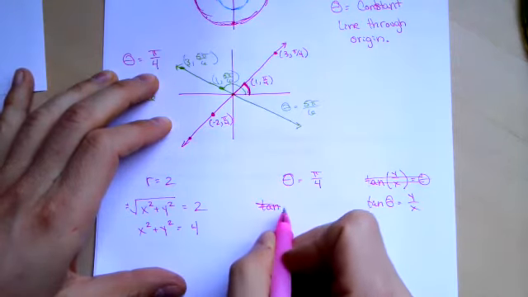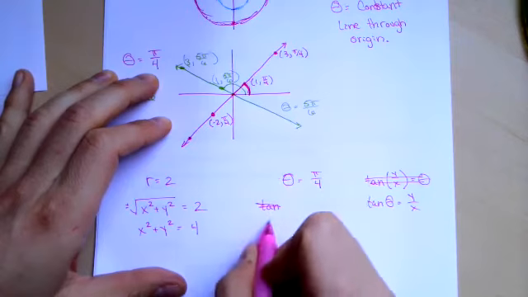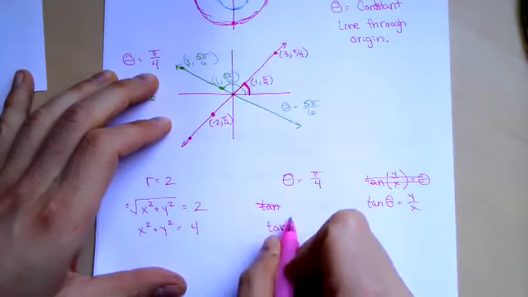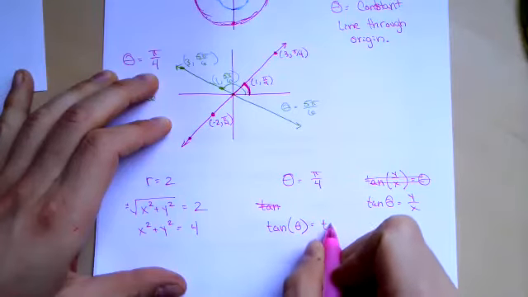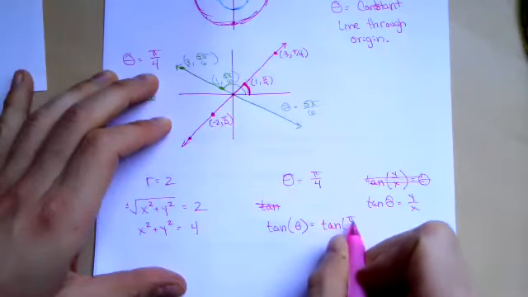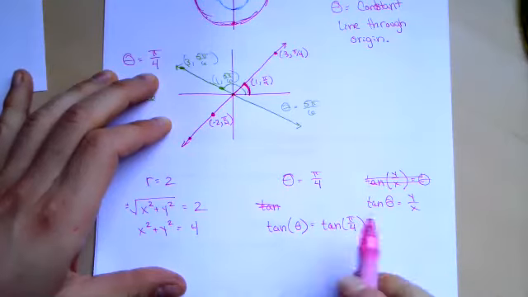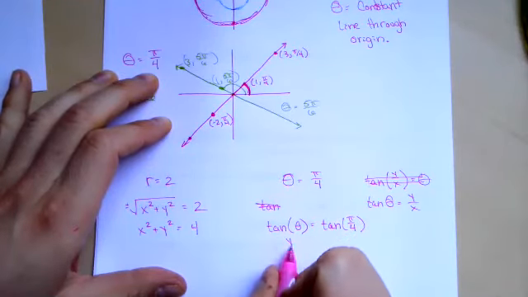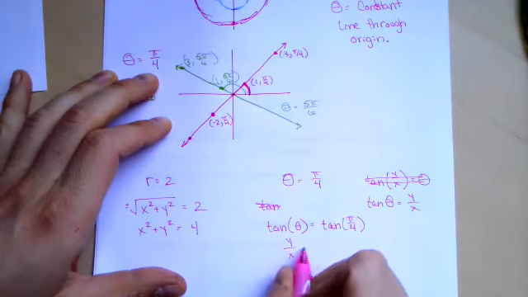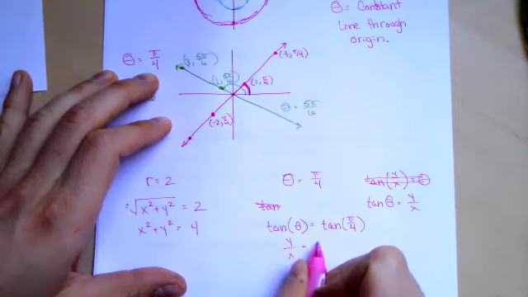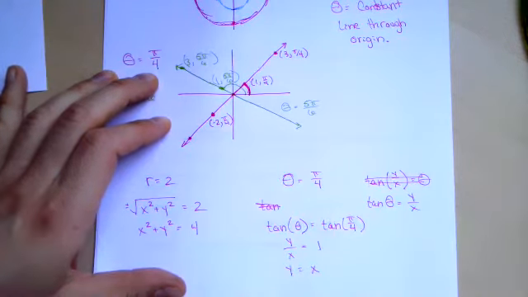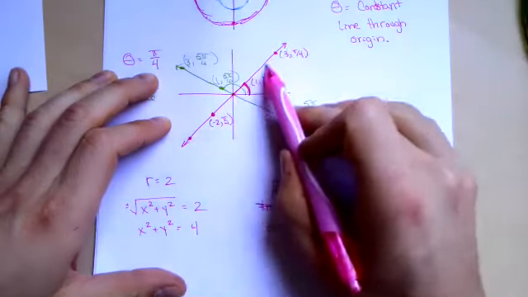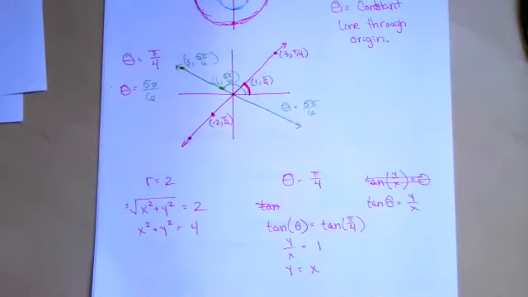So what we could do is then take the tangent of both sides. I'll say tangent of theta is tangent of pi over 4. And I know that tangent of theta is y over x. Tangent of pi over 4 is 1. And then in my equation, we can recover y equals x. And we saw that nice 45-degree line.